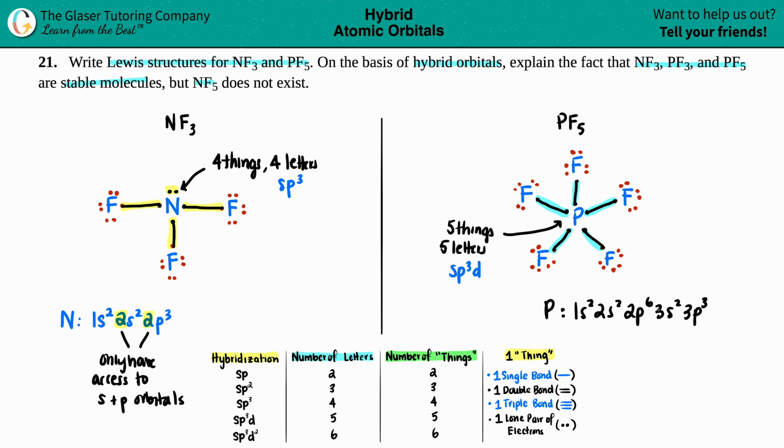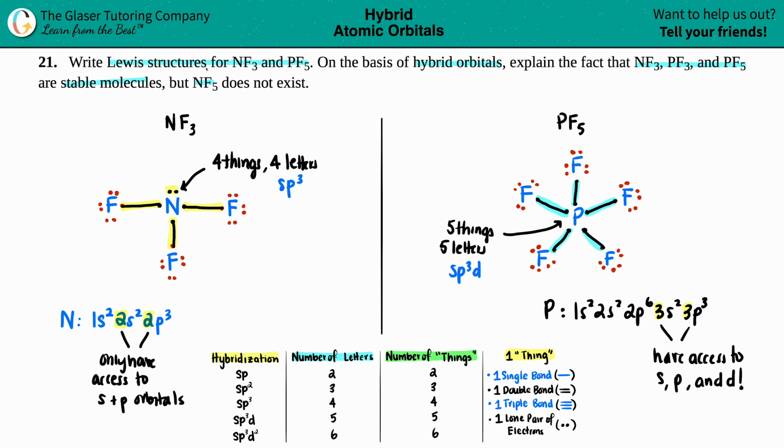The highest number for phosphorus is a principal quantum number of 3. And if you have a 3, you have access to S's, P's, and D's.